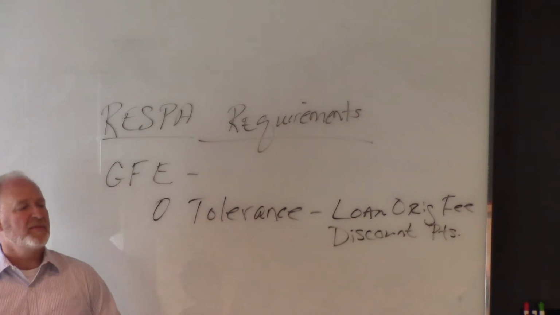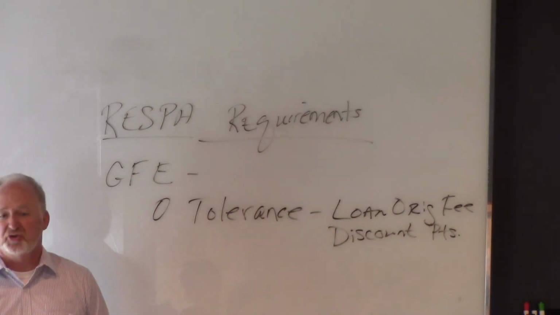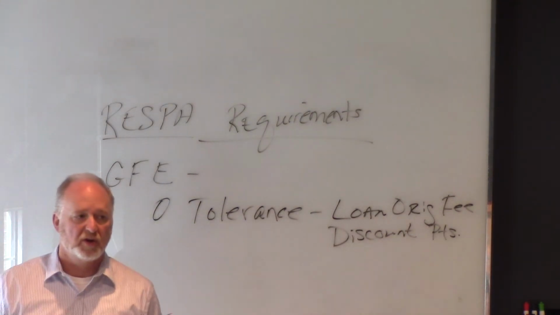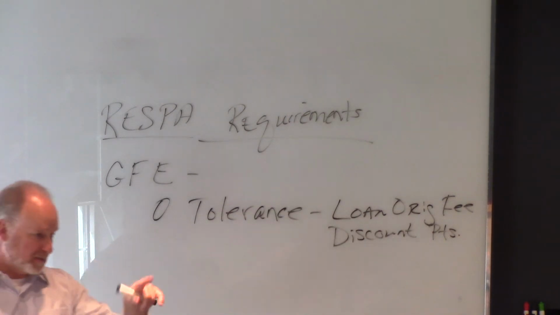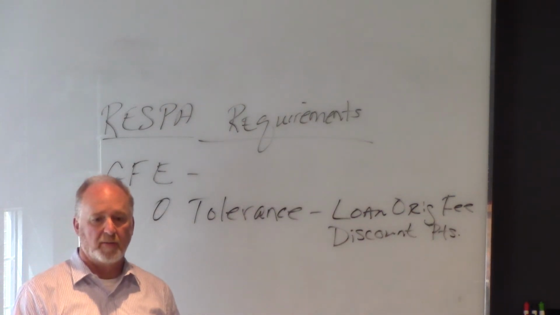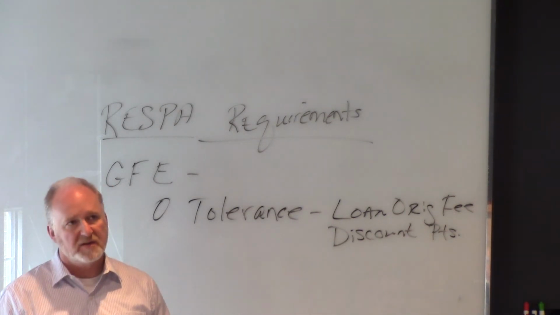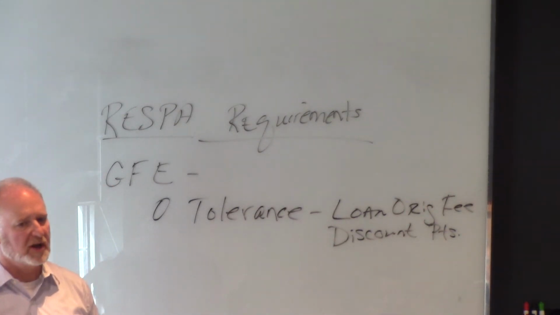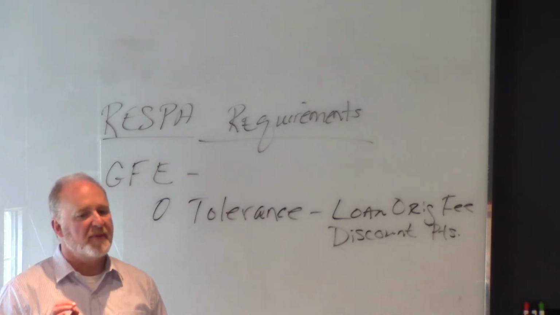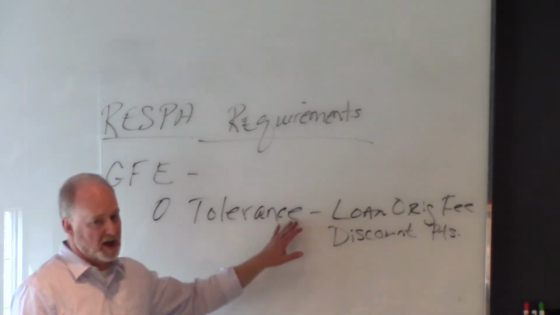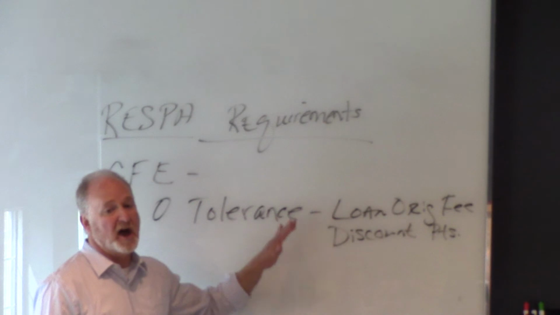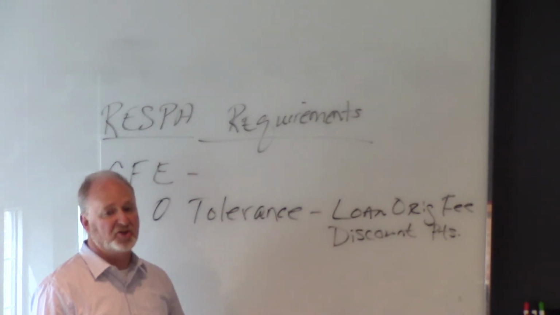Can somebody tell me why those numbers should never change? Well, I would say loan origination fee should be a standard fee. It's certainly negotiable. But keep in mind, the lender quoted to you what it was, and then all the way up to closing, it should not change.